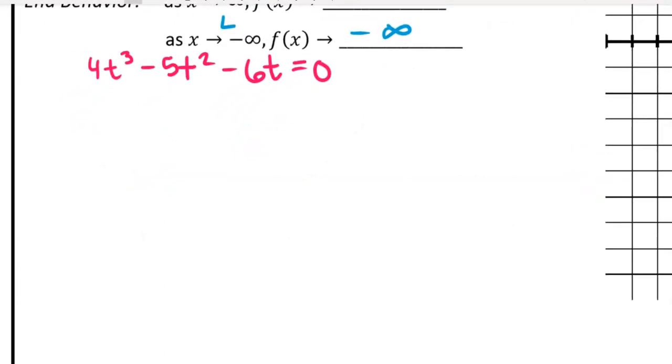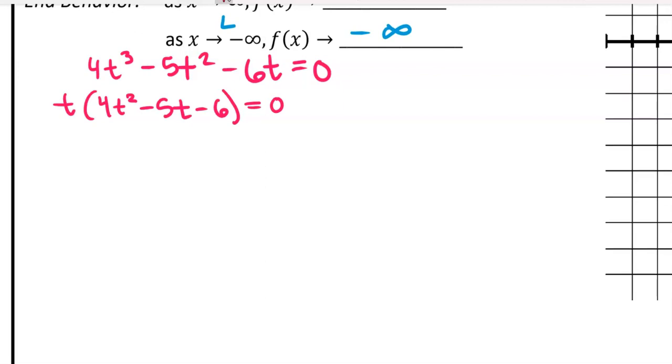Now, all three of these terms have something in common, and that's t. So we're going to factor out the greatest common factor, the GCF, which is t. When we factor out a t from each of these terms, we are left with 4t squared minus 5t minus 6, still equal to 0.